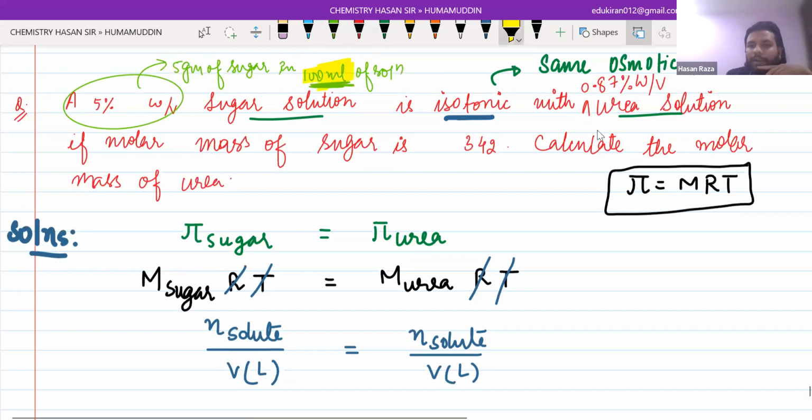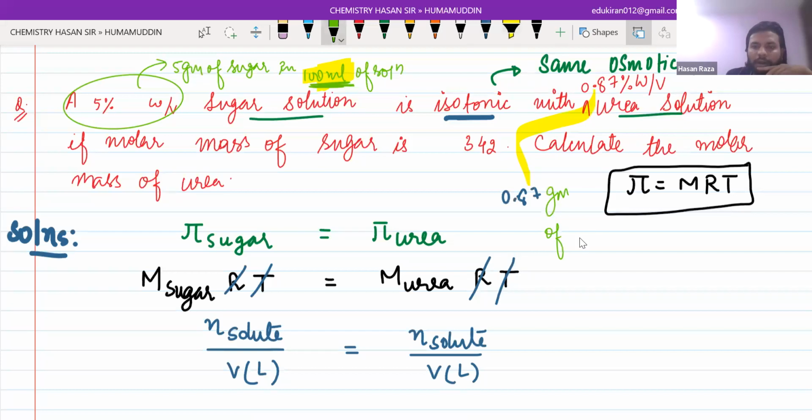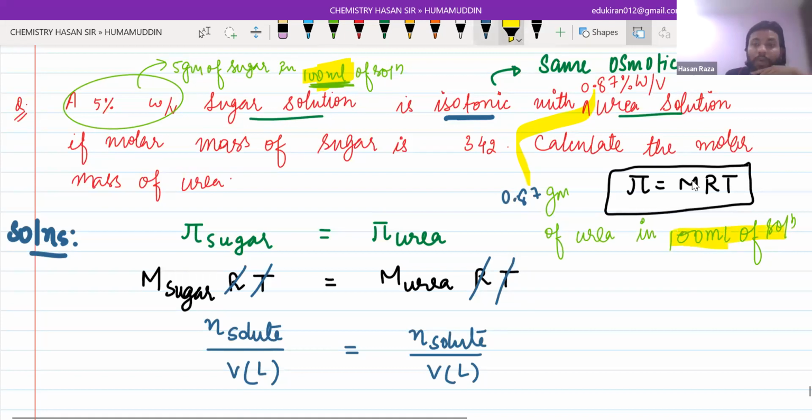And if you expand this, that means 0.87 gram of urea in 100 ml of solution. So you can easily see that both have the same volume. So if volume is equal, volume will also be cancelled.